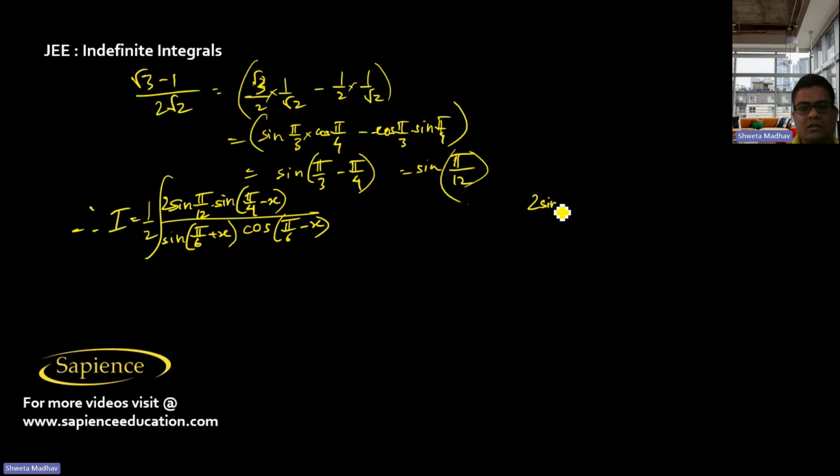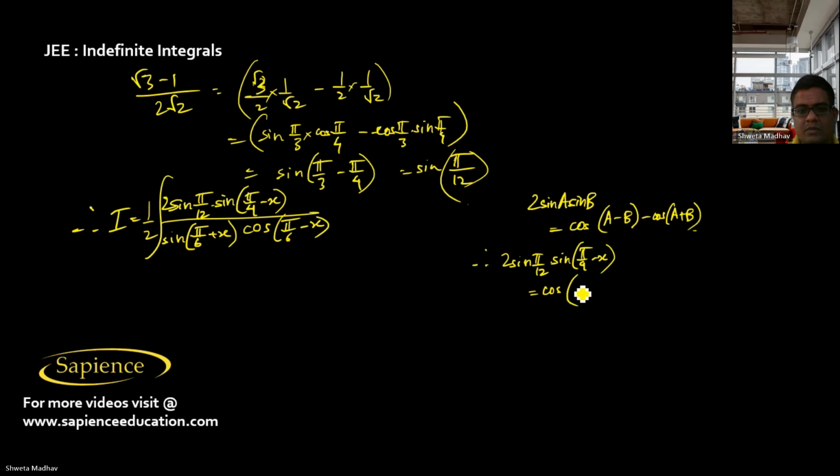Now 2 sin A sin B, you can say that is equal to cos of A minus B minus cos of A plus B. So therefore this 2 sin pi by 12 into sin pi by 4 minus x can be written as cos of pi by 12 minus pi by 4 plus x minus cos of pi by 12 plus pi by 4 minus x.